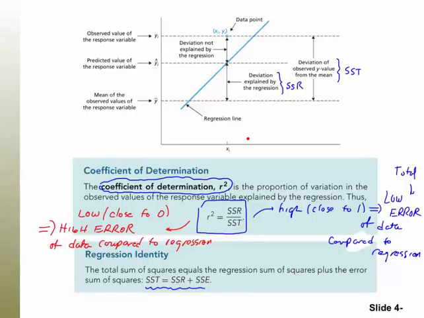Okay, anybody have a question? Important concepts. Yeah. You said if R squared is closer to 1, that means we want to use... okay? If it's close to 1, then what's happening? The deviation explained by the regression is high, and the deviation explained by the error is low.